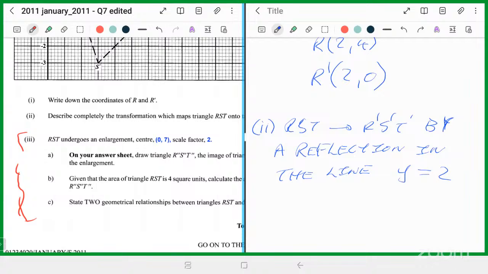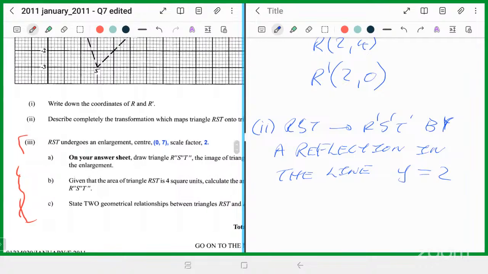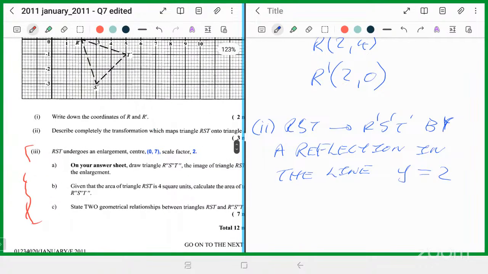And I want us, on the answer sheet, to draw that image triangle, R double prime, S double prime, T double prime. I want to perform this enlargement with these components on the triangle and name it R double prime, S double prime, T double prime.